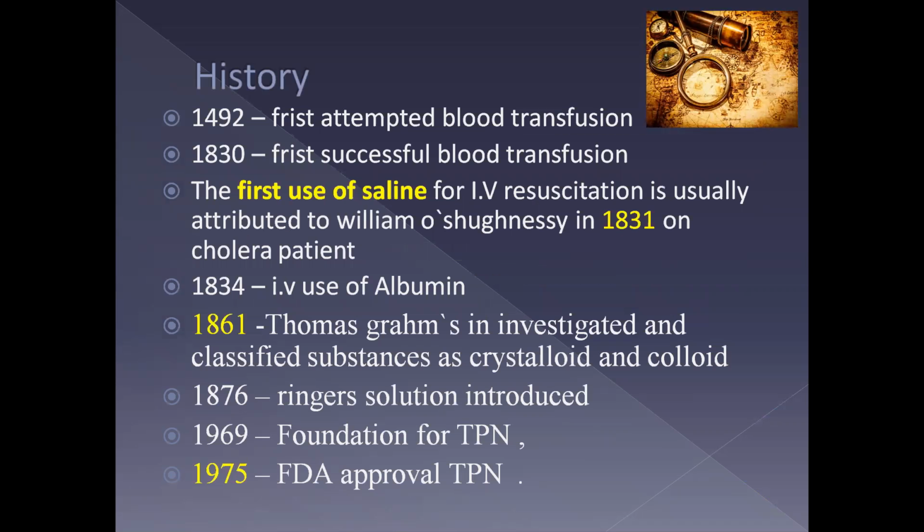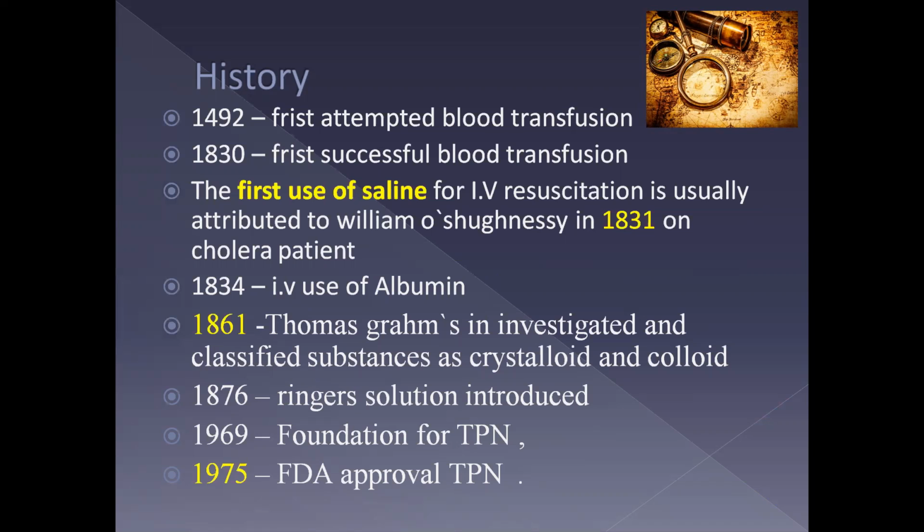In history, in 1492, the first attempted blood transfusion was done, but it was unsuccessful. In 1830, the first successful blood transfusion was done. The first use of saline for IV resuscitation is usually attributed to William in 1831 on a cholera patient. In 1834, the first IV use of albumin was done.